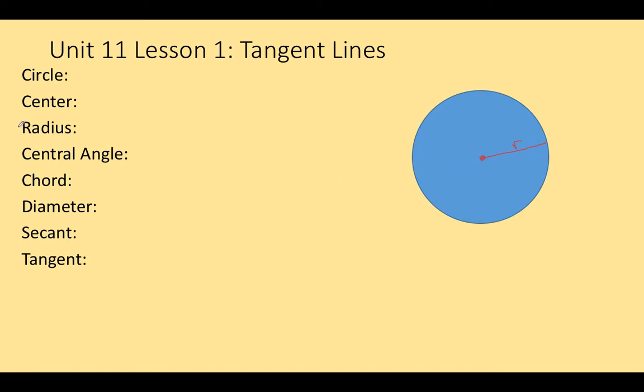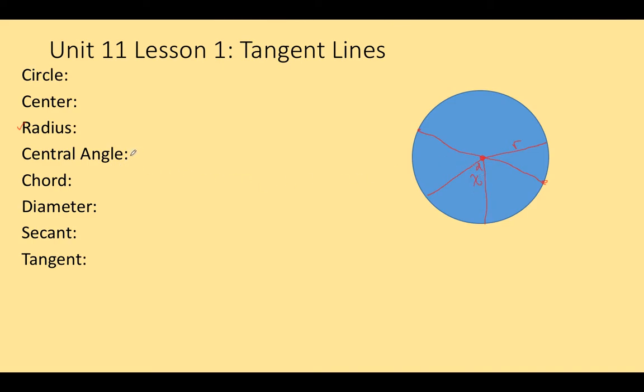We'll take care of diameter while we're at it. So the diameter is double the radius, although we're going to have a maybe more specific way of describing that in a second. So right now, let's talk about this central angle. The central angle, we'll call it x.